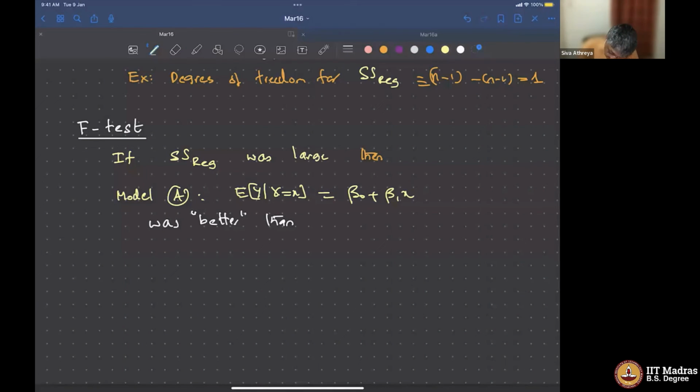That is, model 0, where E of y given x equal to x was just beta naught.